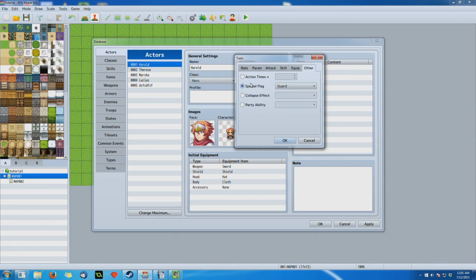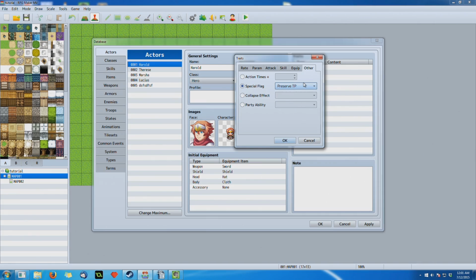It allows us to take whatever percentage we set before and use that to reduce damage. Then we have substitute. Now substitute means that if we have this set, then when one of our allies takes damage, we will instead take that damage and not them. So say we have a skill that enables substitute, and now we take all the damage and our allies take none.